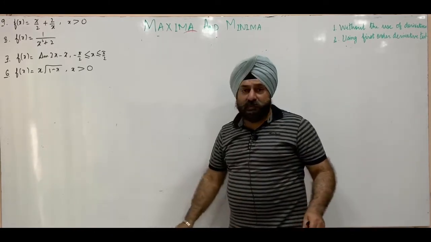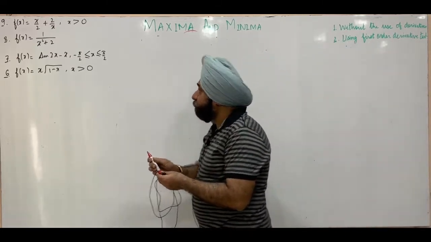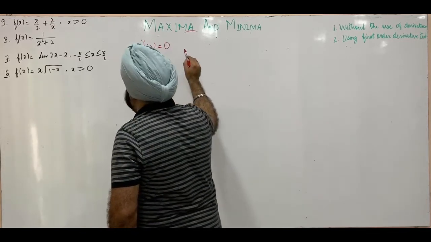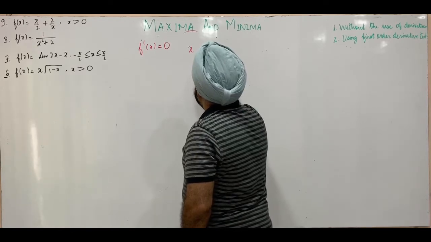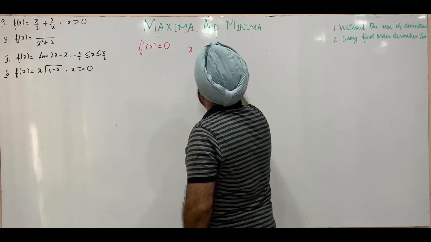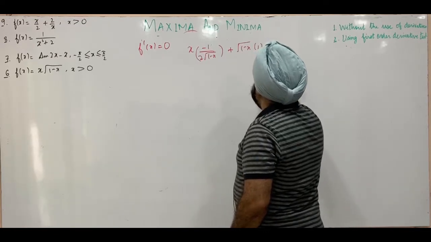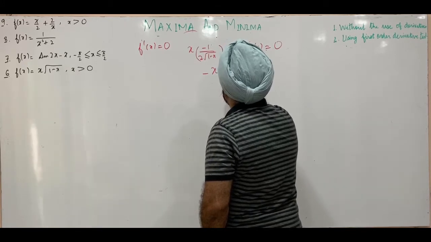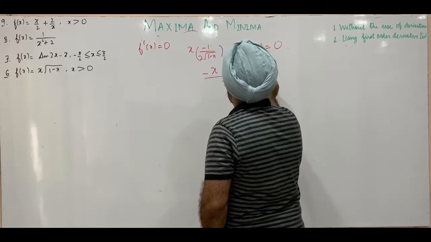The first step remains the same, and that is we find our derivative and equate the derivative to 0. First function into derivative of second, plus second function into derivative of first, this is 0. This is minus x plus 2 into 1 minus x upon 2 into root of 1 minus x, this is 0.